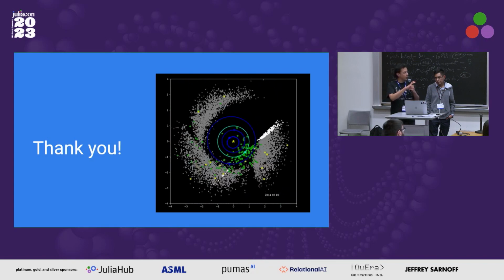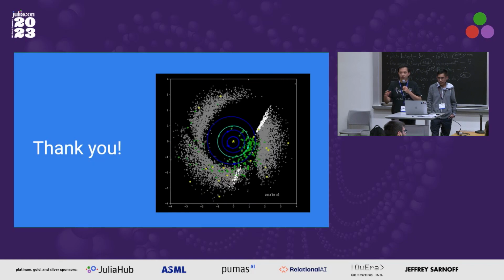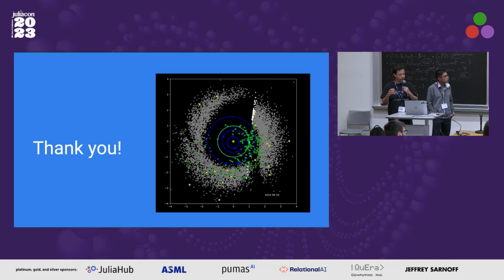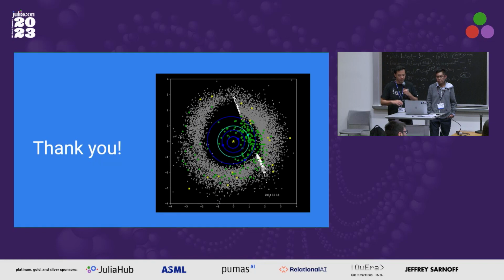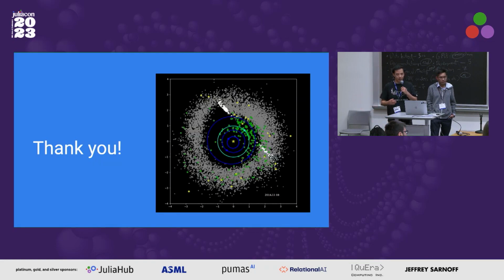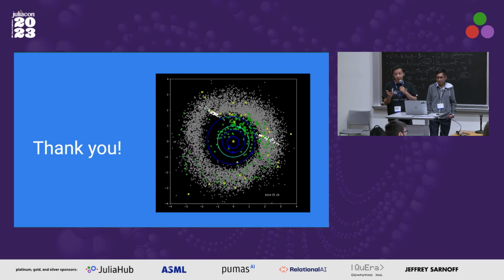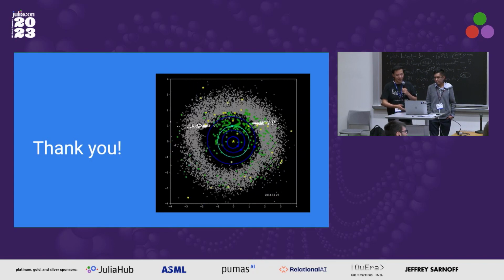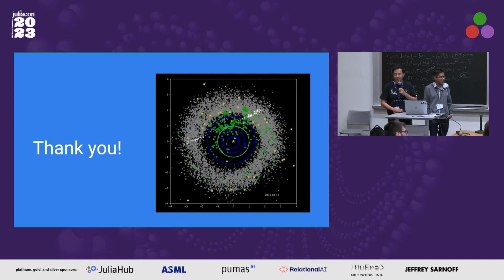Right now we only use some of the lowest order zonal harmonics of the Earth, but to have a high precision orbit propagator, you would need to take into account all the higher order zonal and tesseral harmonics of the Earth, and perhaps even variations with time. That's the only thing you need. Other than that, you can always open a pull request in NEOs.jl, and we could get that implemented. Yeah, for sure.